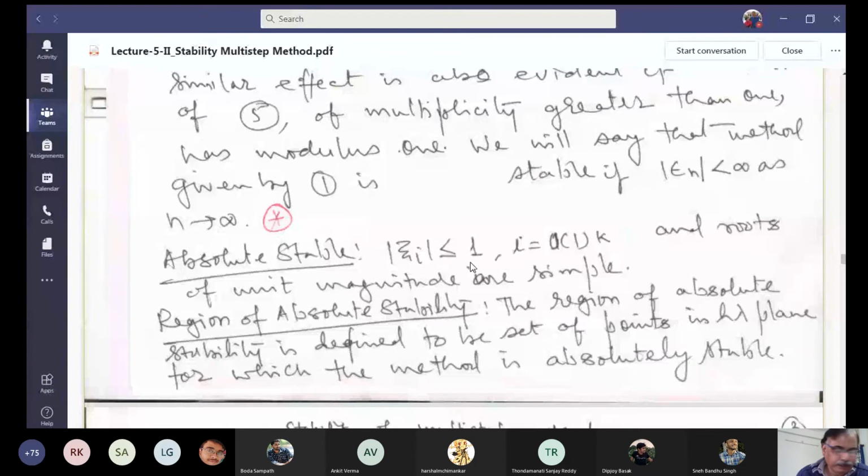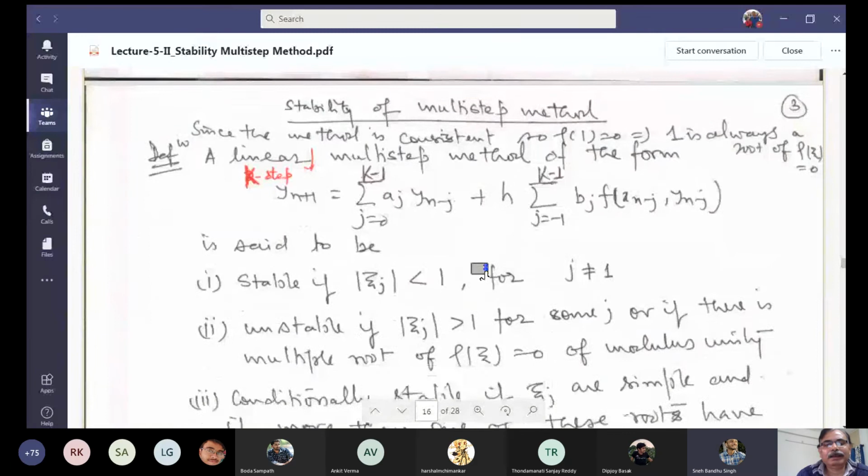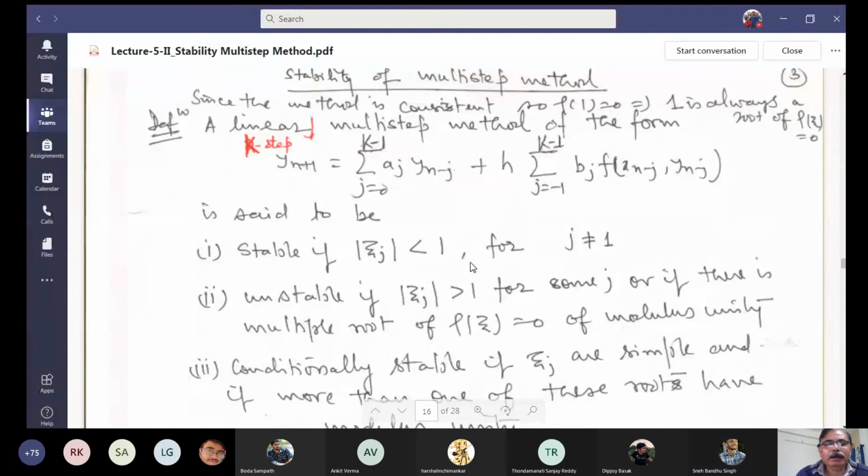So is this whole analysis clear? Okay, then your definitions, which are given in your book, are directly taken from that book. Any multi-step method is said to be stable if the magnitude of xi j is strictly less than 1 for j not equal to 1, and unstable if the magnitude of xi j is greater than 1 for some j, or if there is a multiple root of rho(xi) equal to 0 with modulus unity, then it cannot be stable.